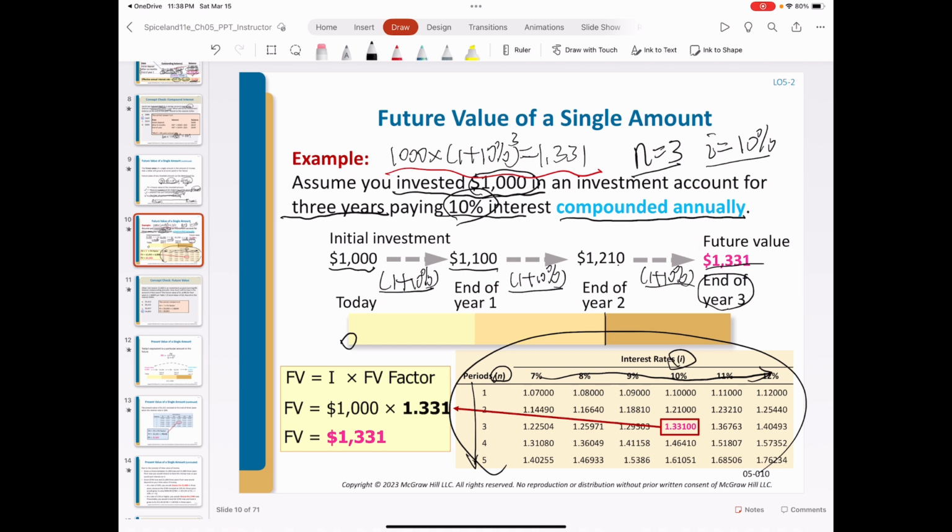Since n equals 3, we just need the factor on this row, and the interest per period is 10%. At the intersection, we find the factor is 1.33100. We apply this factor to the initial investment, and we also get future value. So you can use a calculator or you can use a table.